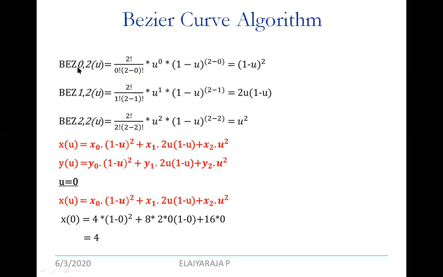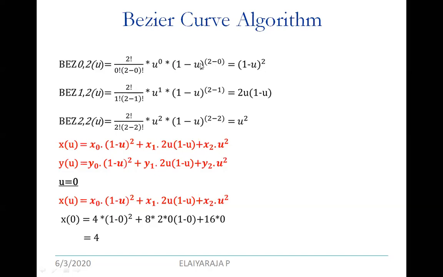So here the Bezier function B k equal to 0, n equal to 2 of u is equal to n factorial divided by k factorial times n minus k factorial, then u power k, then 1 minus u power n minus k.